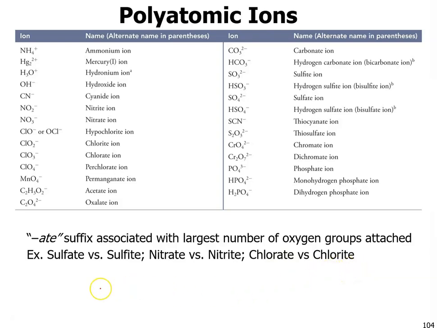You'll notice that the number of oxygens with the -ate ending is larger. It's really worth taking note of that, because I've had people make the wrong solution. For example, they were supposed to make a chlorite solution, and instead they made a chlorate solution, and then the chemistry doesn't work because you picked the wrong solution. So it actually really does make a difference.